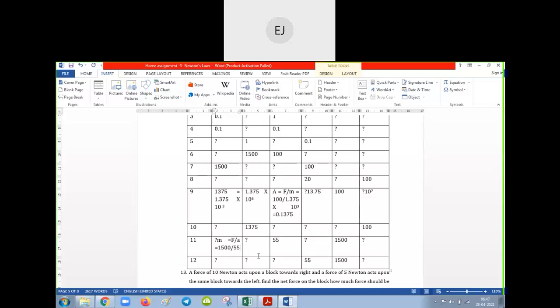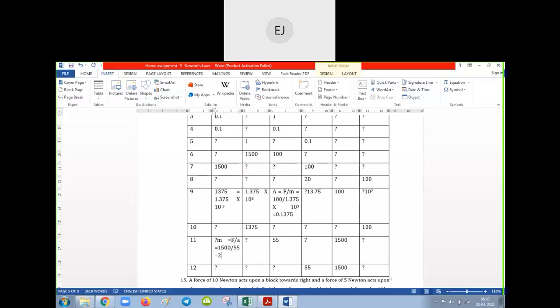1500 by 55, how much? First of all, it's nothing but 27.27 kg. Then if you convert it into grams, multiply by 1000.